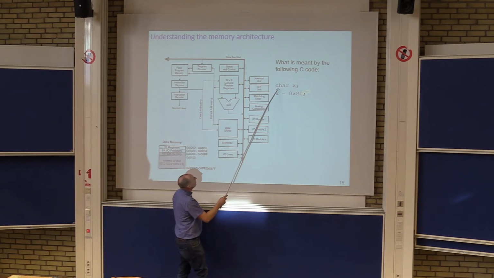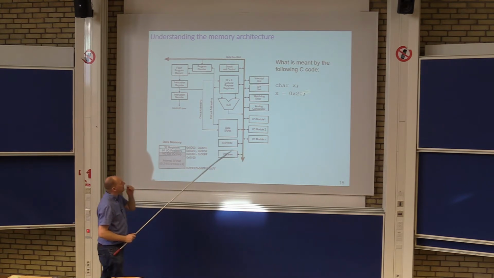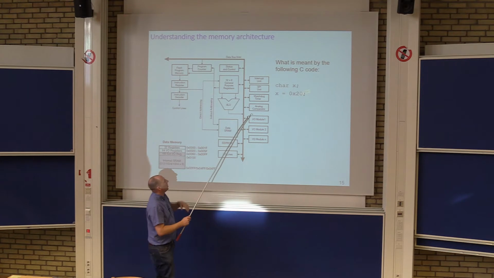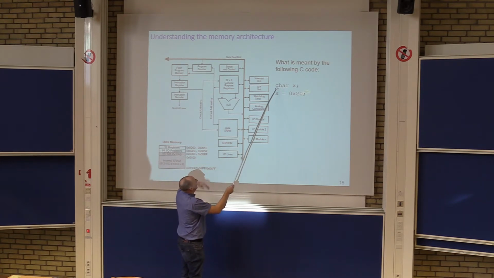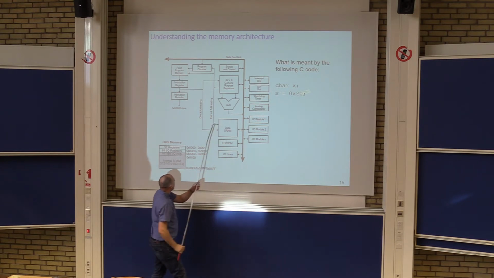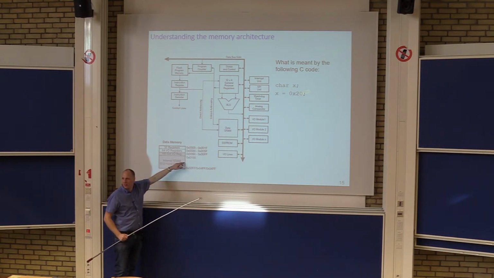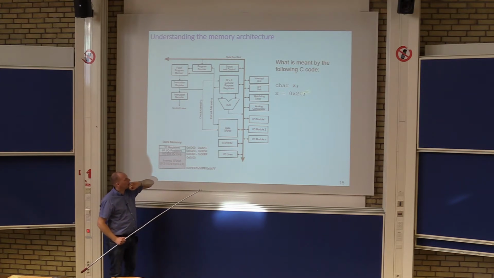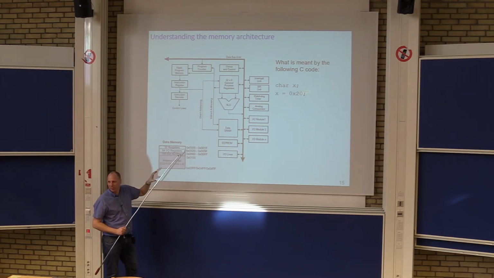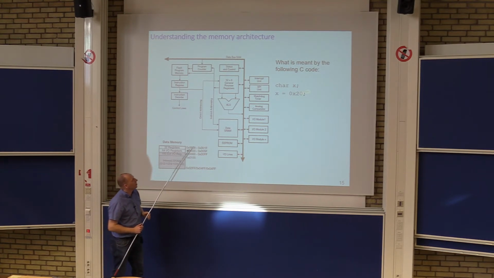And when this is compiled, if it's not inside a function, just part of the outside of any function, the compiler will allocate this to a certain address in the main memory. So it will put x at a certain address. It's a little bit more complicated than that in reality, because it's not really done by the compiler, it's done by the loader. But in principle, it will be put on some memory location here.